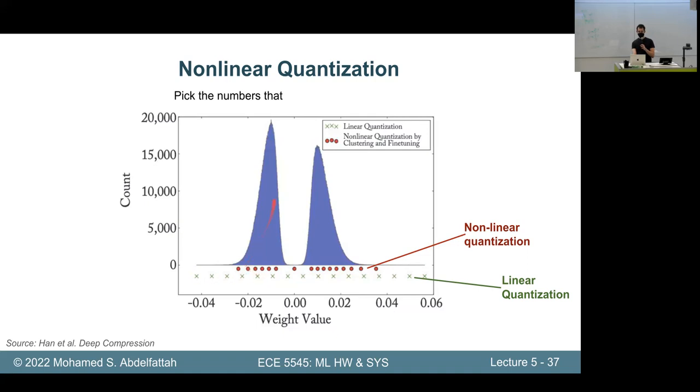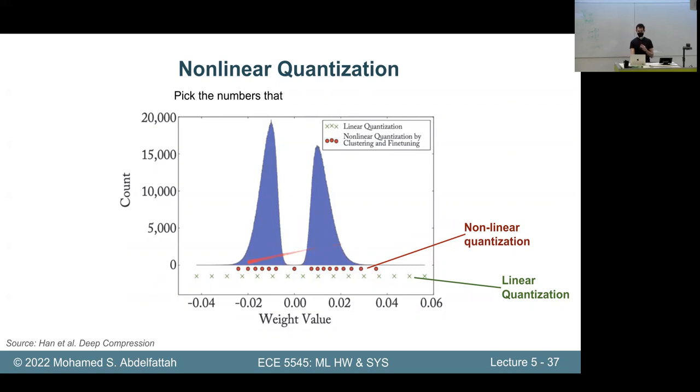And so even though most of my numbers live here and here, linear quantization gives me a numbering format in which numbers are equally spaced and do not really take into account your input distribution. What nonlinear quantization gives you is a numbering system that exactly or approximately matches your input distribution.